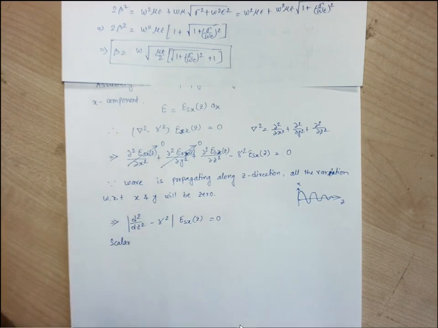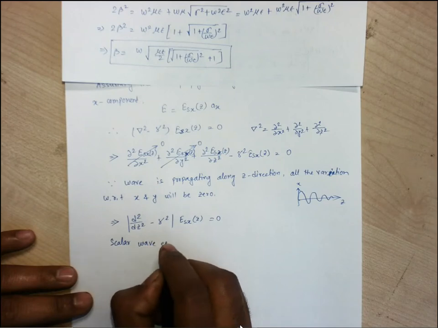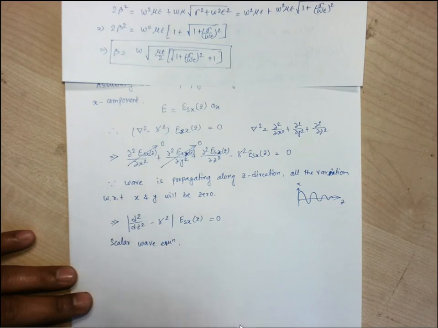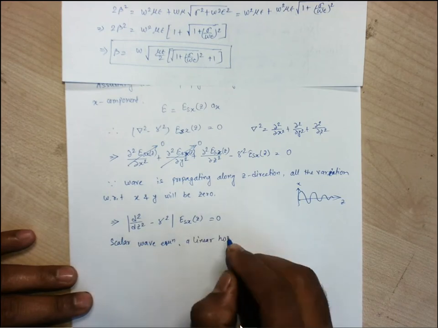It is not at all with respect to whether we are having any vector component or any scalar component. It is not at all like that. Since we have identified where the variation is and it is with respect to only one coordinate, that's why it has been given as a scalar wave equation. And it is also a linear homogeneous differential equation.